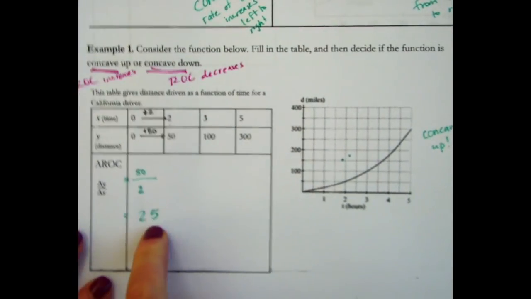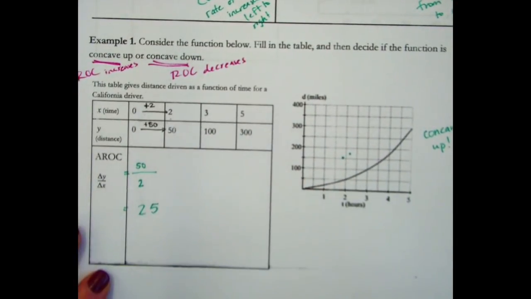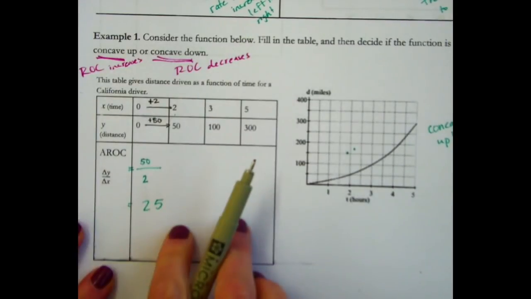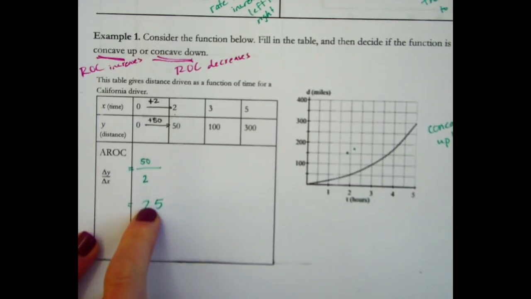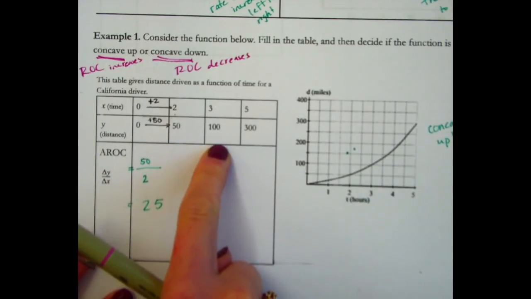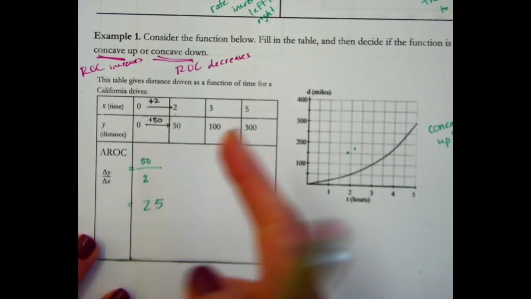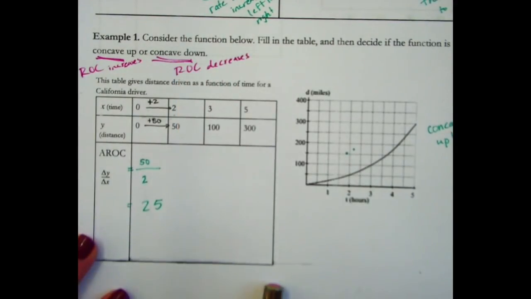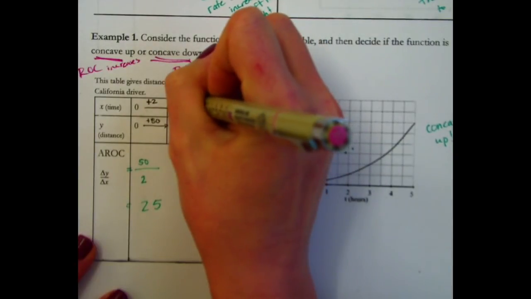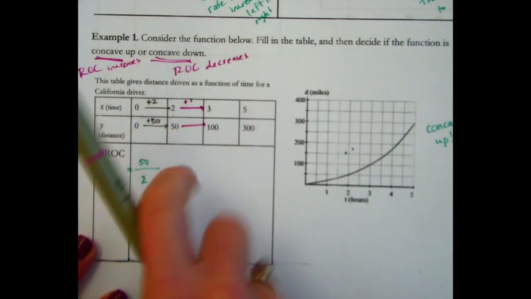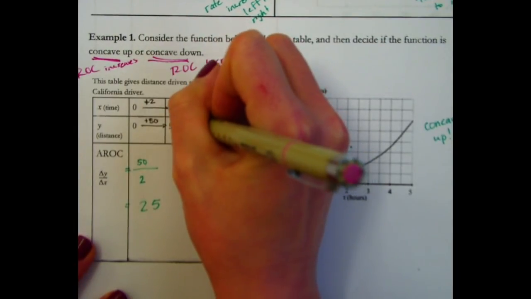Okay. The next part of my table, I'm going to do this in a different color just so you can see that this is a different mathematical operation. That's the reason I'm using a different color. To get from 2 to 3 is a change in x of plus 1. To get from 50 to 100 is a change of plus 50.